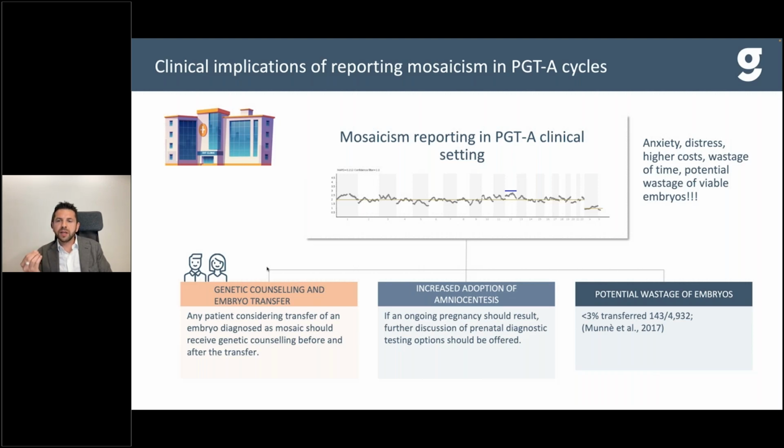For instance, looking at one of the largest experiences on the reporting and transfer of mosaic embryos, Munné and colleagues in 2017 showed that less than 3% of the almost 5,000 embryos that were classified as mosaic were then transferred back to patients. That means that unless we have very robust data suggesting that these embryos bring some risk or have a lower reproductive potential, this may really cause a significant wastage of normal and otherwise viable and healthy embryos.